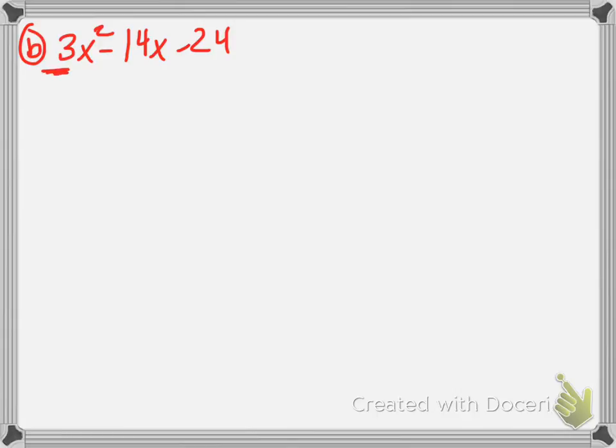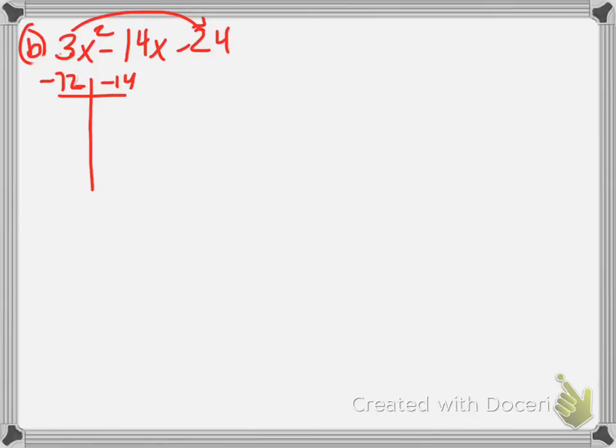So what do I have to do with this? Multiply by negative 24. And what is 3 times negative 24? Negative 72. Very good. And my middle number continues to be negative 14.